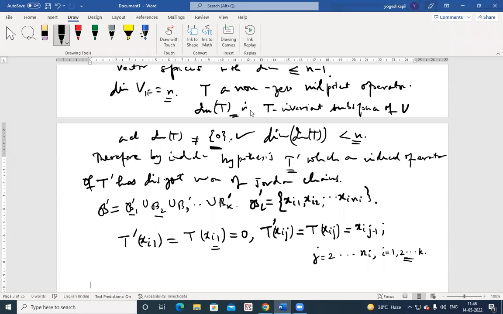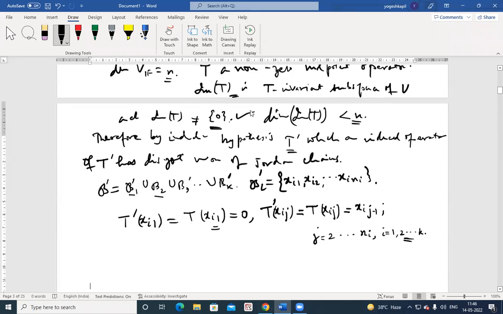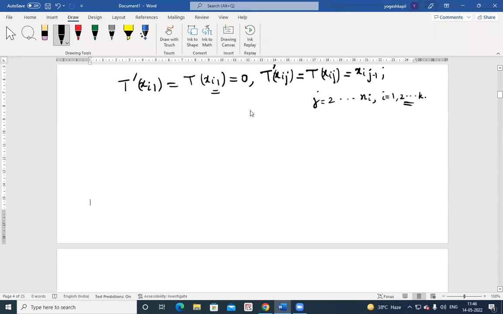Are you getting my point? So this is the meaning of the Jordan chain. What I could conclude here is that in every chain, the first element in all the Bi dashes goes to 0 under T dash, or T. Why?